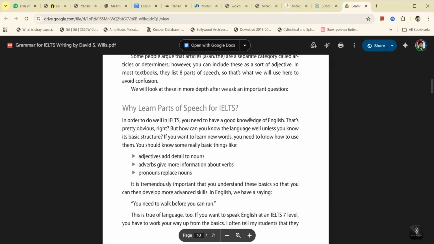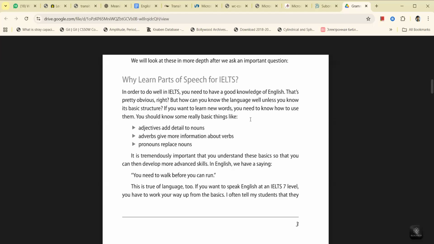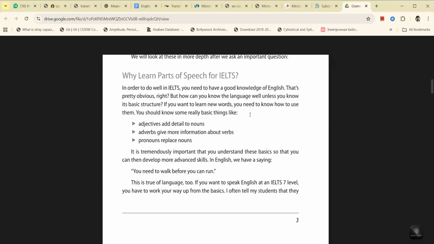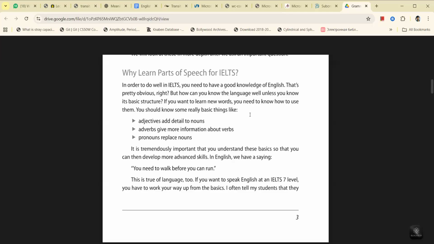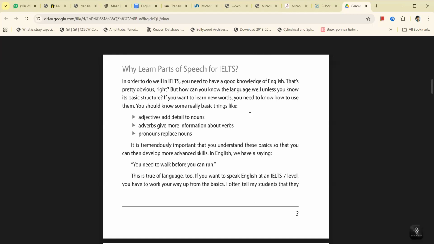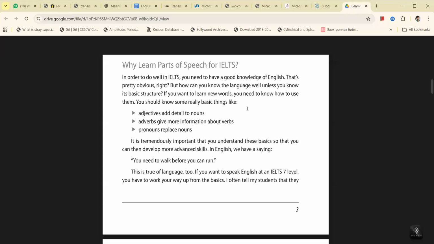Why learn parts of speech for IELTS or DET or any exam? In order to do well in IELTS, you need to have a good knowledge of English. That's pretty obvious, right? But how can you know the language well unless you know the basic structure? If you want to learn new words, you need to know how to use them.